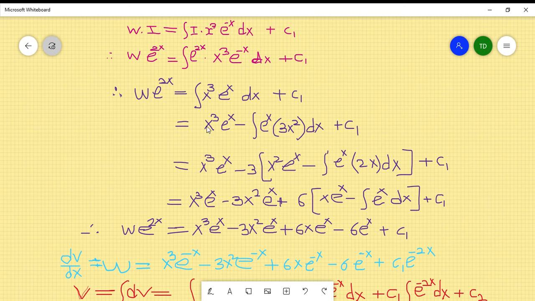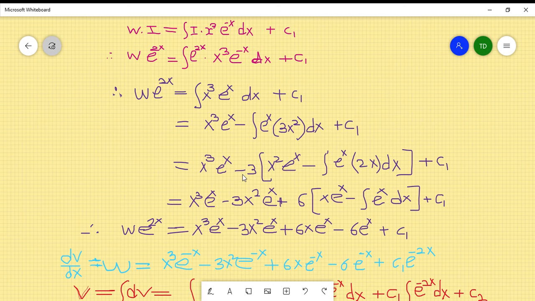So first function x³ as it is, times the integration of e^x, which is e^x, minus the integration of e^x times the derivative of x³, that is 3x², dx, plus c1, equal to x³ e^x as it is.